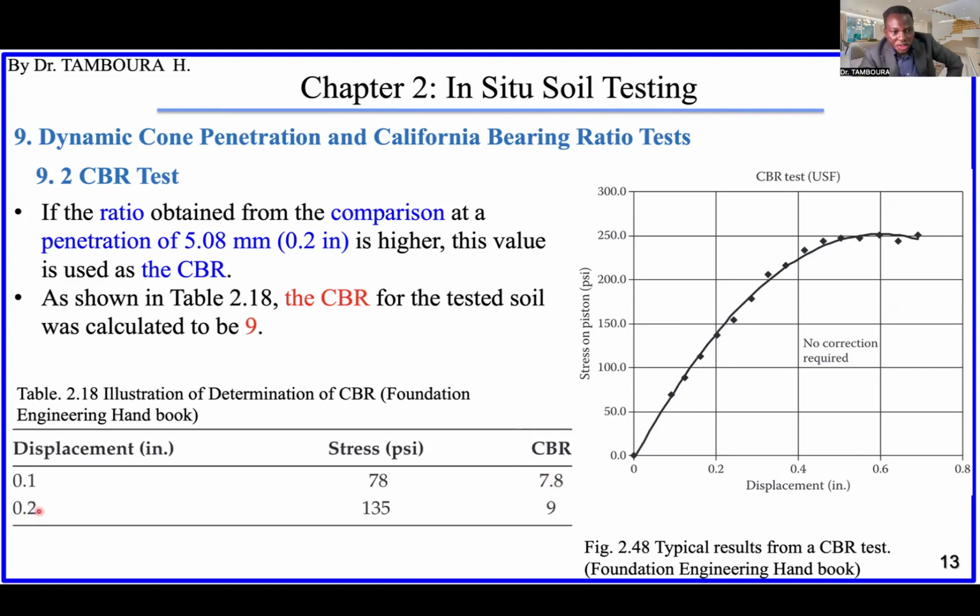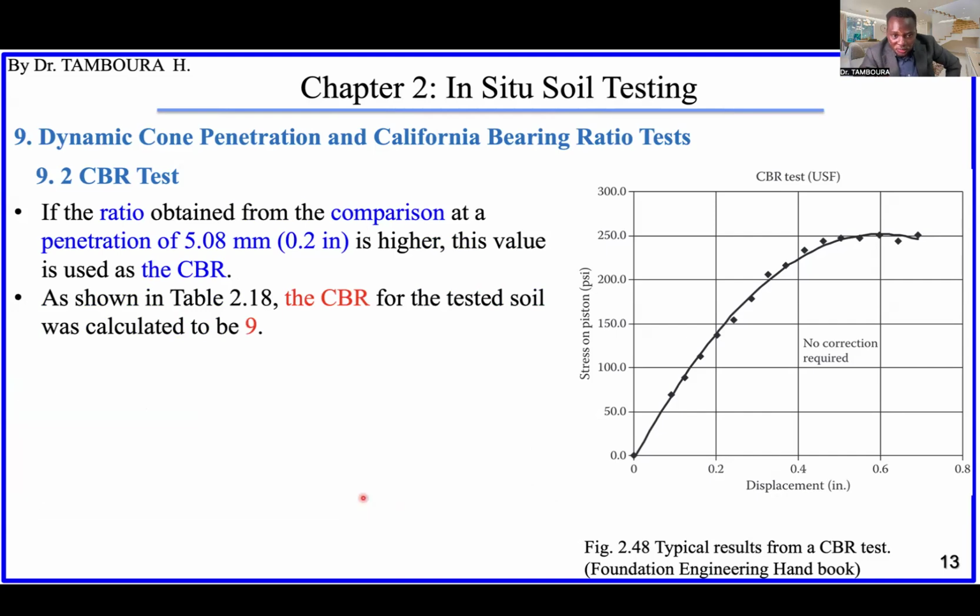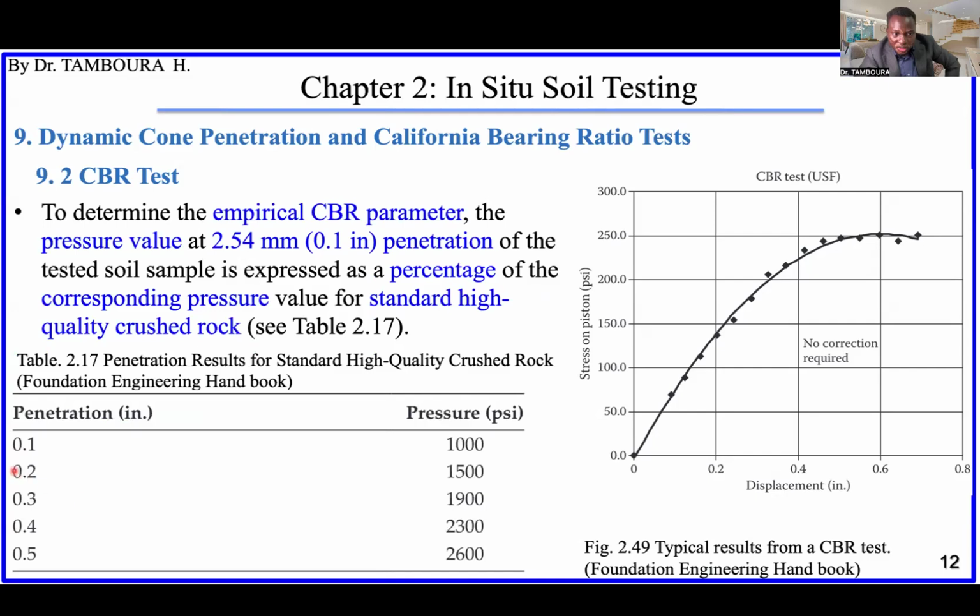Here, 0.2 inches, this one. You check the pressure corresponding. I was saying 140, but it's saying here 135, because I was doing the approximation with naked eyes. But anyway, 135. Then you divide this by the standard value for 0.2, which is 1,500.